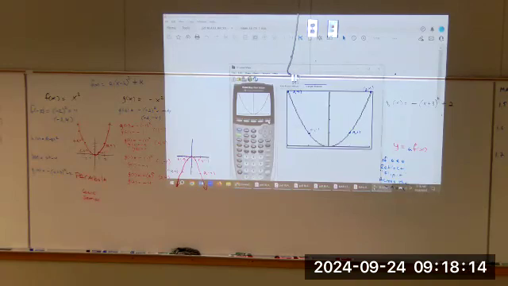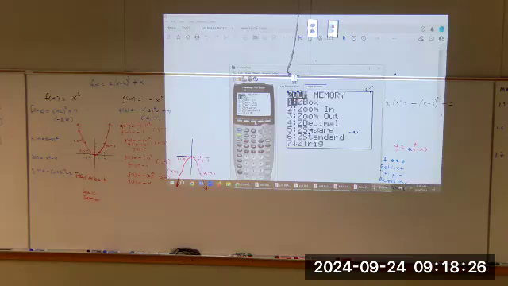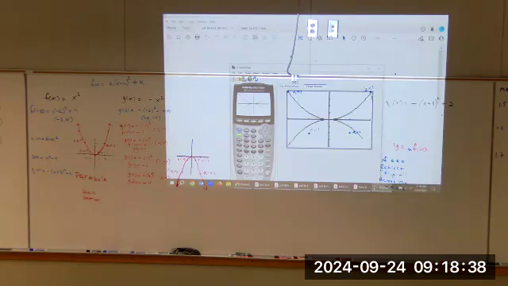My window is only showing above the x-axis. We already demonstrated that if I put a negative in front of the x squared, it's going to be below it. I'm going to do a zoom fit. So there's above, and then the negative x squared was down below.